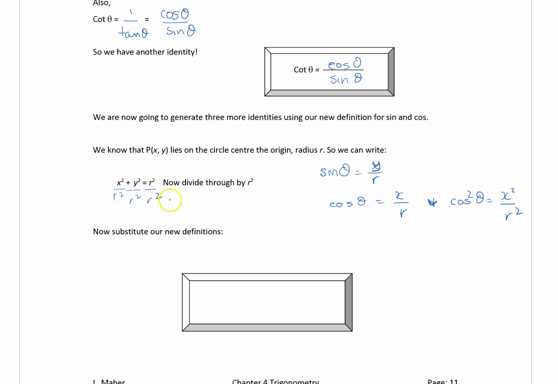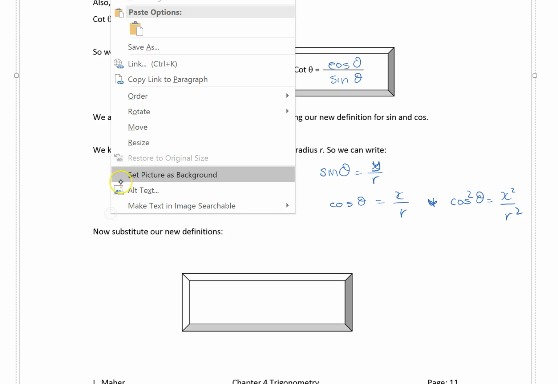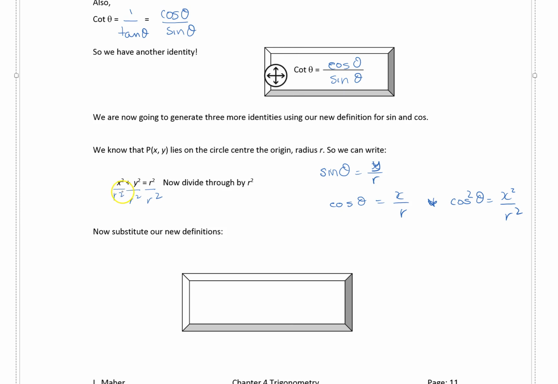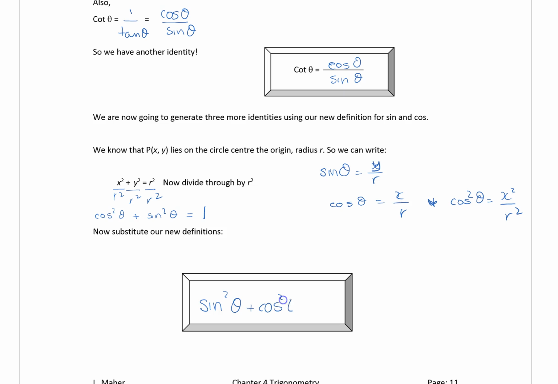So we have that x squared on r squared is our cos squared theta plus y squared on r squared is our sine squared theta, and r squared on r squared is 1. Now more commonly we reverse those two and our new identity becomes sine squared theta plus cos squared theta is 1.